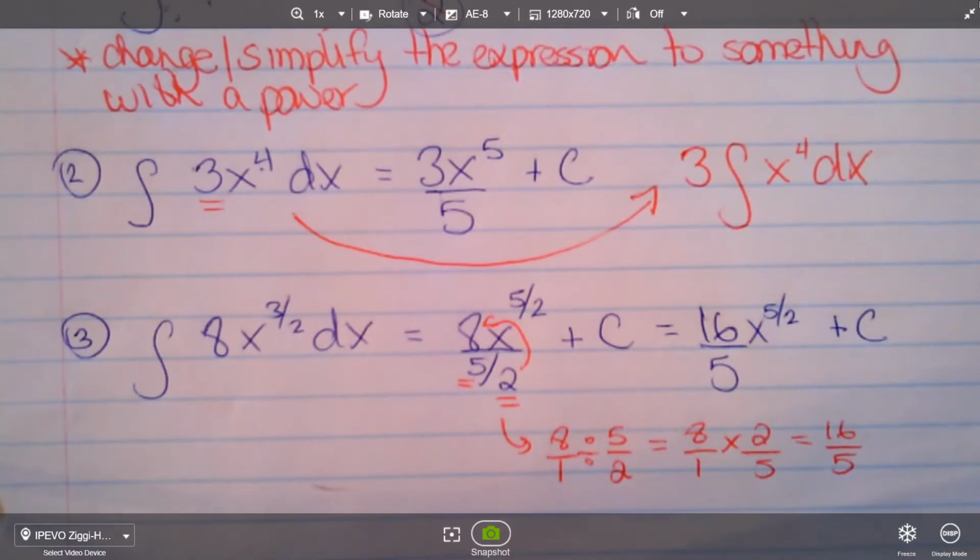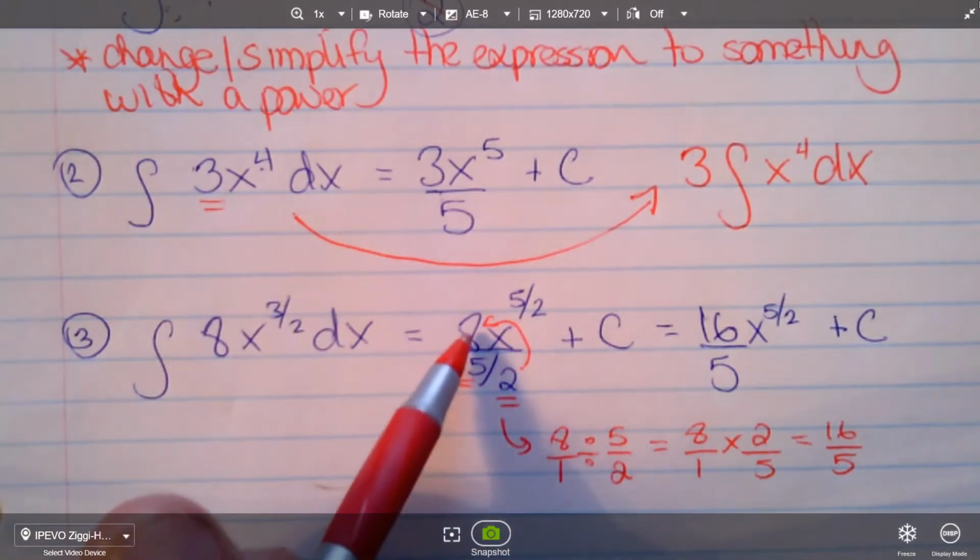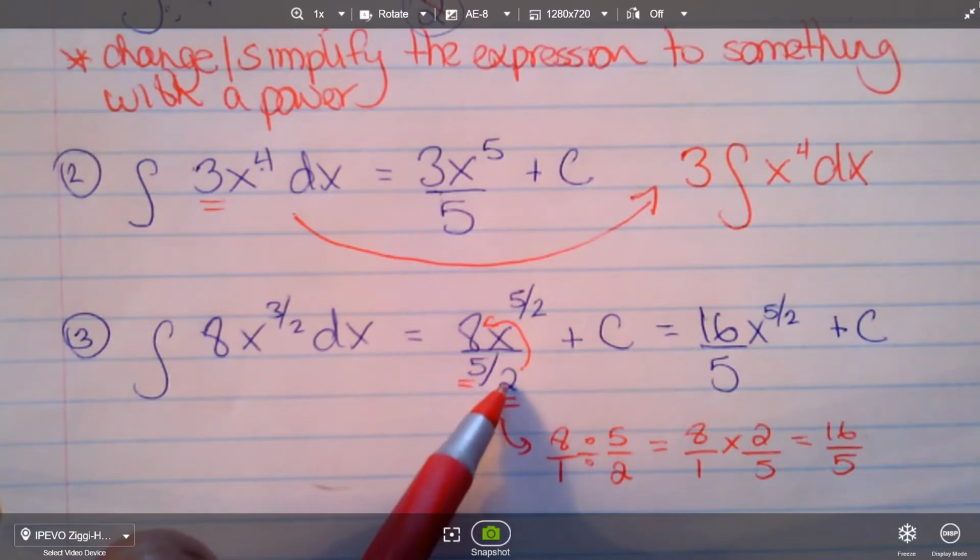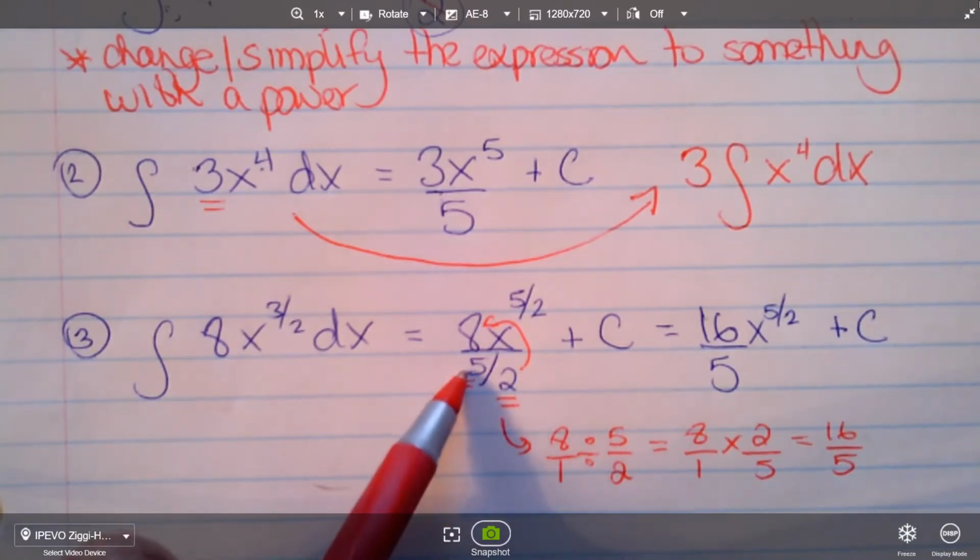So if you want to do it quickly, because you don't need to show all this kind of work, the 8 on top multiplies with the very bottom number, the denominator, so 8 times 2, and the number in the middle stays in the bottom.